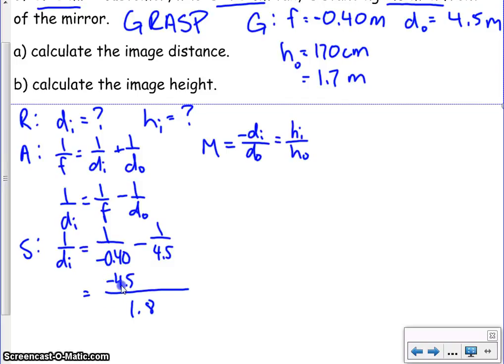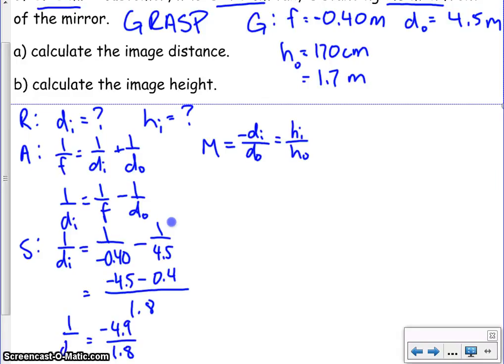To get 4.5 to 1.8, I had to multiply by 0.4, so I'm going to multiply the numerator, which is 1, also by 0.4 to get 0.4. From here, I get negative 4.5 minus 0.4, which is negative 4.9 divided by 1.8.